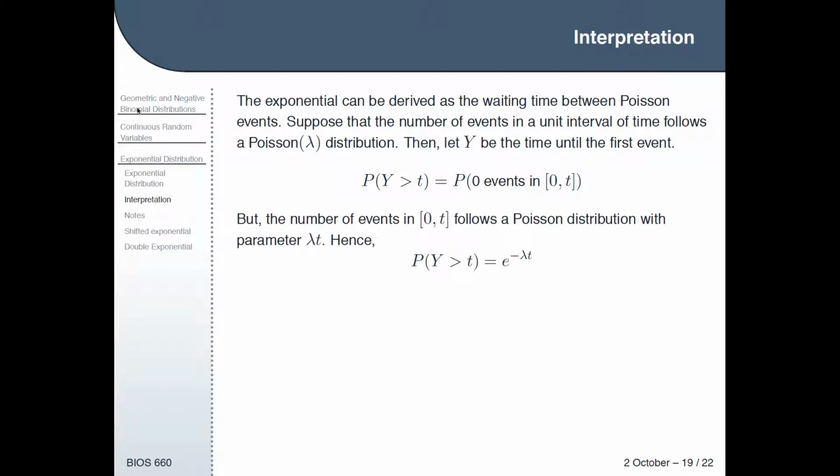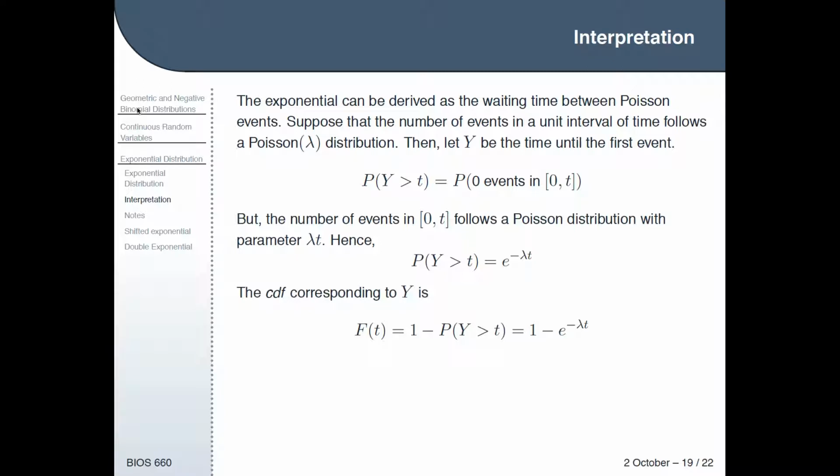But the number of events in (0, t), if the rate parameter is lambda, then the rate parameter over t time units would just be lambda times t. So the probability that you get 0 events over t units is e to the minus lambda t.